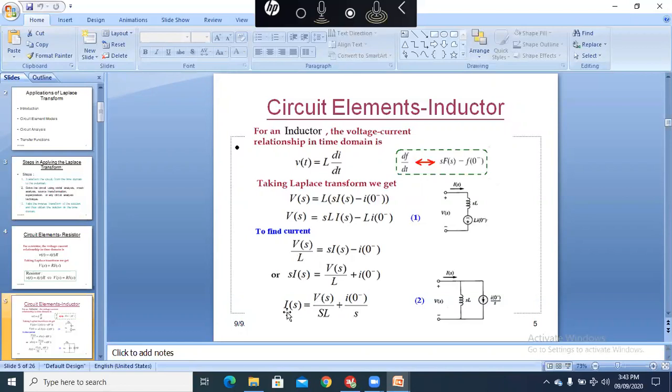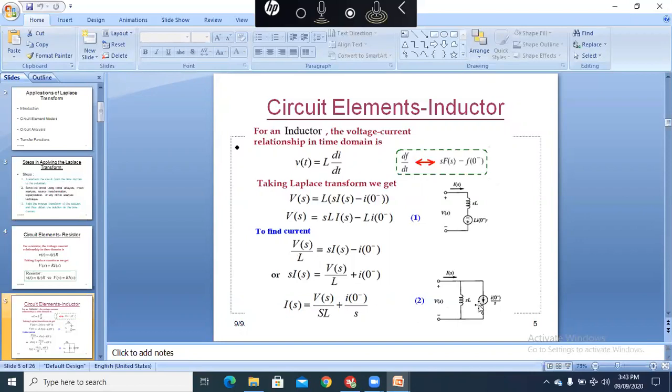So in fact, this current is represented with an inductor and a current source. This inductor is behaving with a current source due to the initial energy stored across the inductor. So we have this current source, and this current source is due to the initial value of the current.